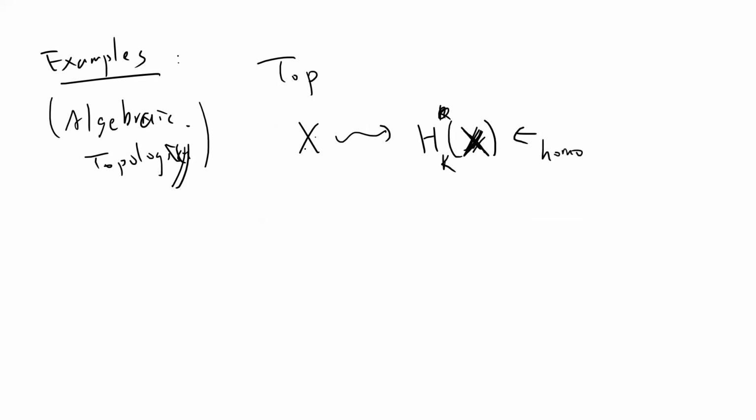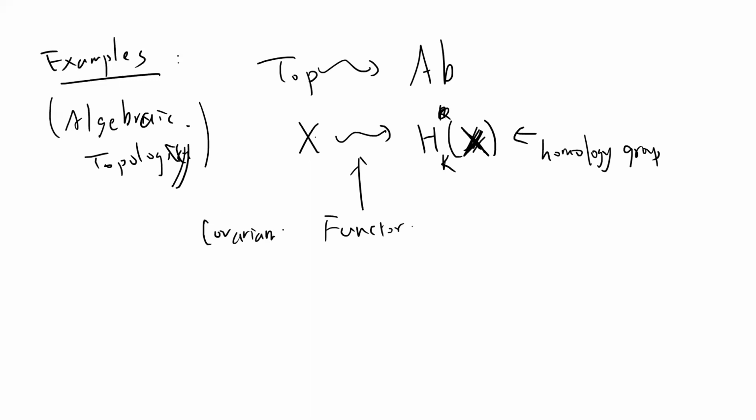So for each topological space, you can compute a homology group. Okay, so this maps to abelian groups, right? So for each X, there is an abelian group. So this is a functor, and it is a covariant functor.